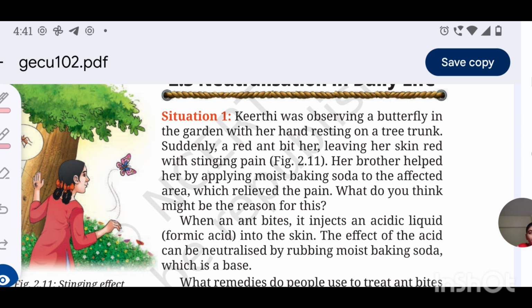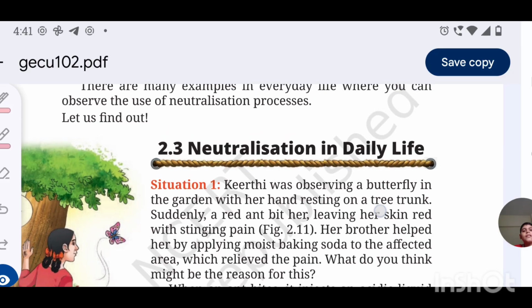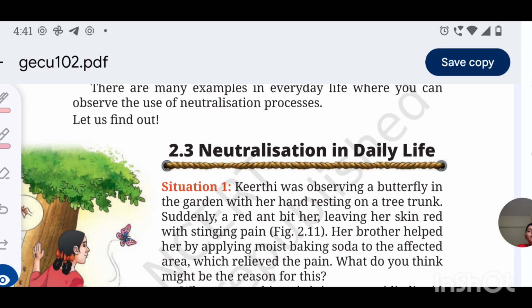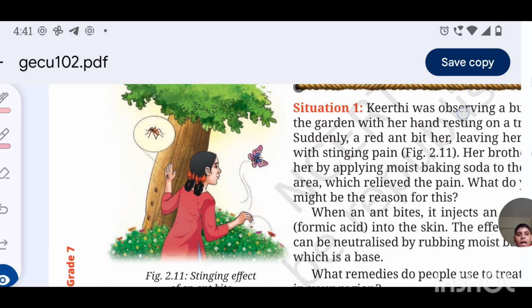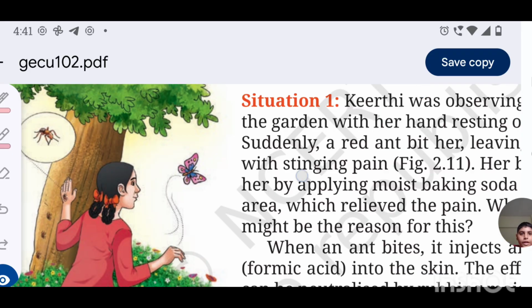Her brother helped her to apply moist baking soda to the affected area, which relieved the pain. What do you think might be the reason for this? Because of acid. When ants bite, formic acid is released into your body.